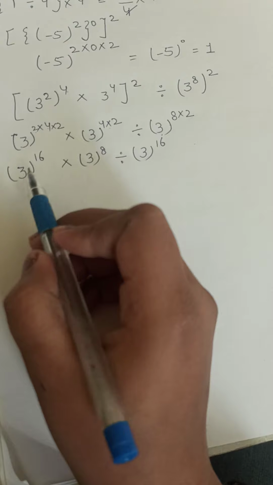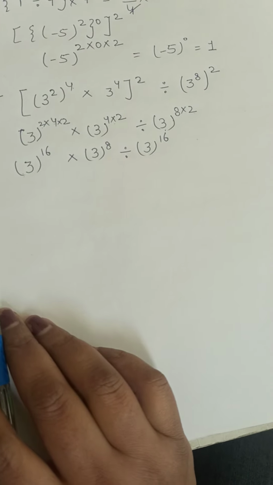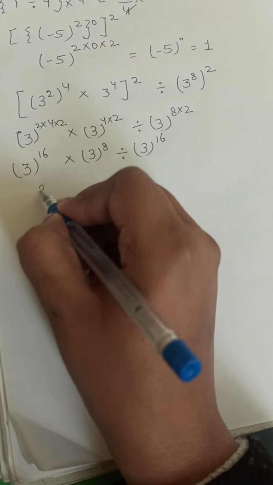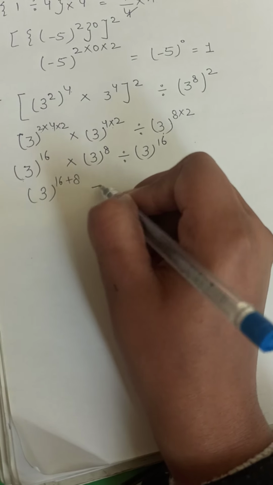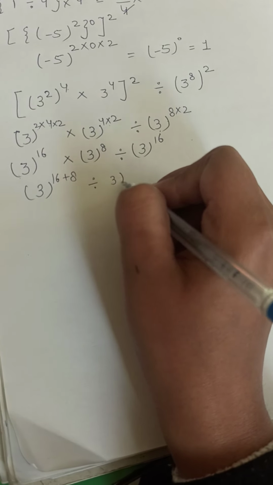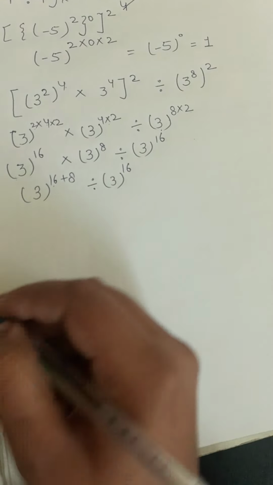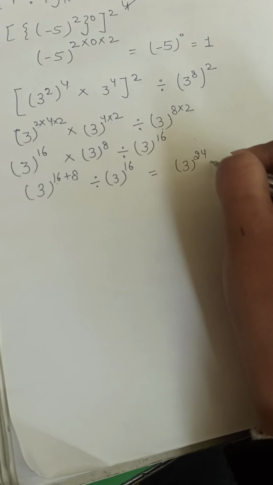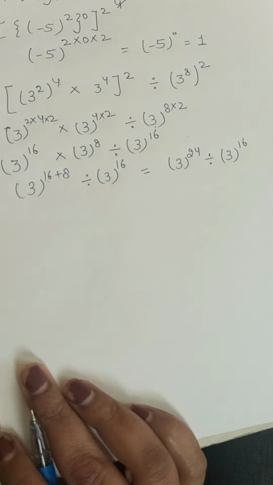Now the base is same, powers are different. So what do we do? We will add the powers. 3, 16 plus 8 divide by 3 to the power 16. This becomes 16 plus 8, 24. 3 to the power 24 divide by 3 to the power 16.